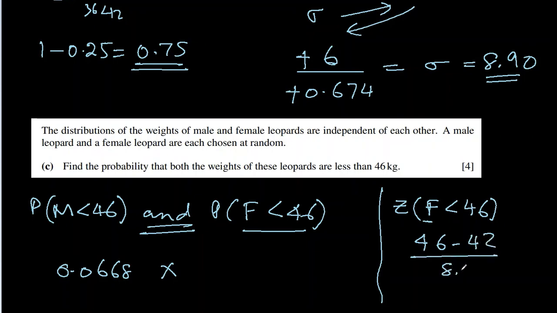Now we know the standard deviation is 8.9. Let's see, it will be 4 over 8.9, which is 0.44494. For Z score, the fourth digit is useless, 0.449.